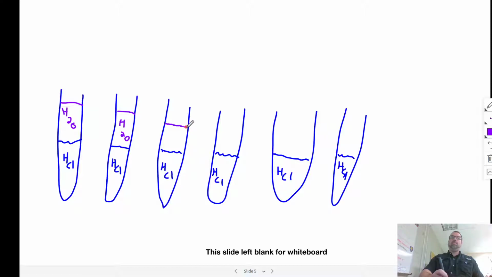Test tube 3, we added 3 of water. Test tube 4, we added even less water, 2 of water. One of water. And then the last one we added no water.